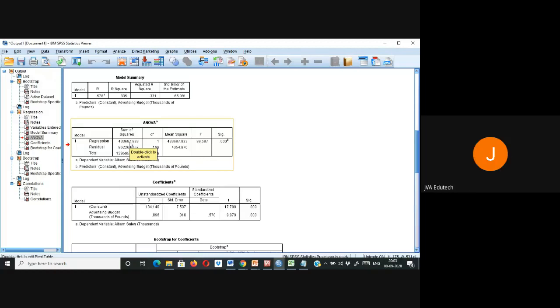Then the second is the residual sum of squares, and the third one is the SST, the total sum of squares. Then the mean squares tell you MSM, the mean square of the model, and MSR, the mean square of the residual.